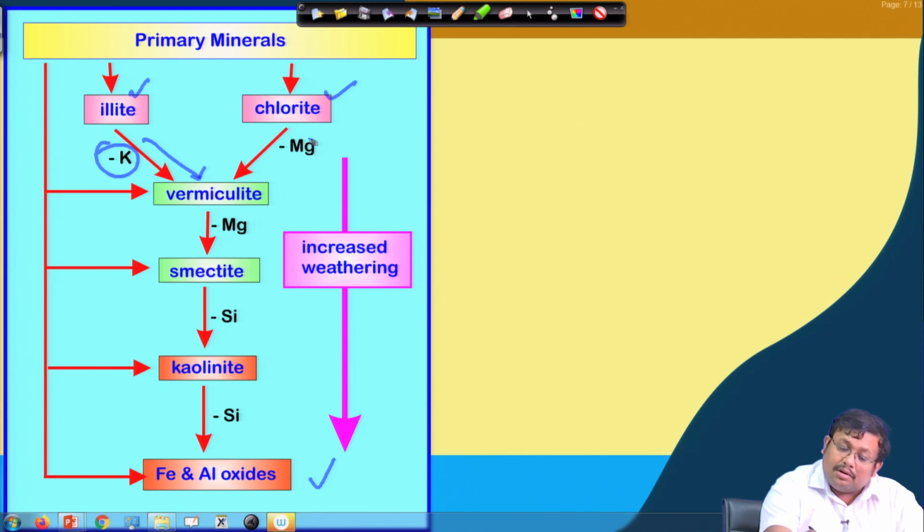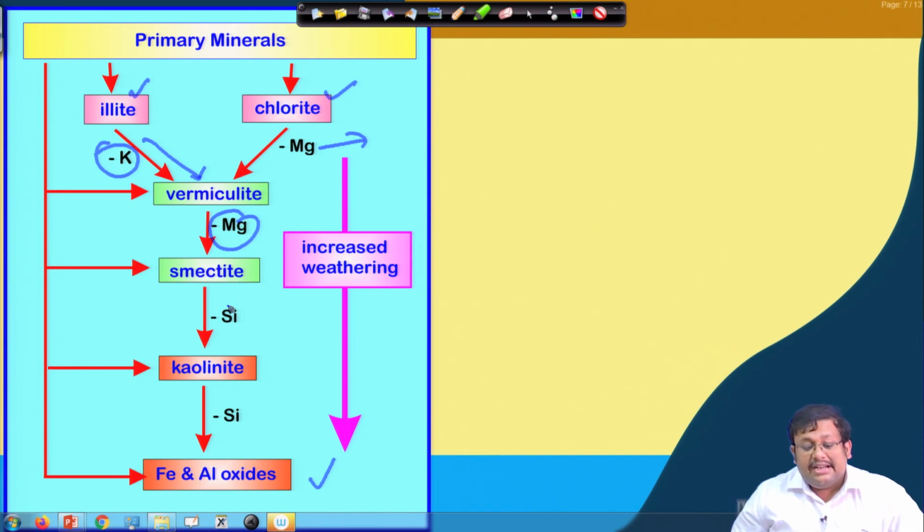And also in case of chlorite, when the magnesium hydroxy interlayer sheet is removed due to chemical weathering, it collapses into vermiculite. And in the vermiculite, when the interlayer magnesium gets depleted, it develops into smectite, which is still a 2:1 type of mineral. Then the smectite goes through further weathering and removes one silica tetrahedral layer.